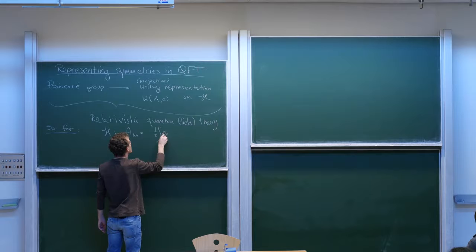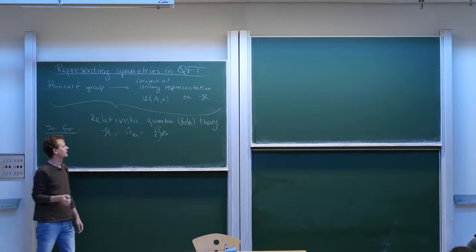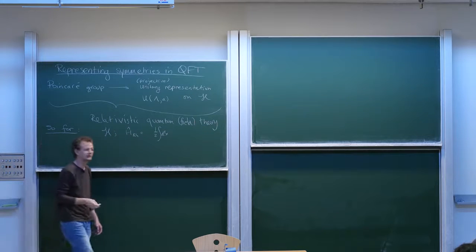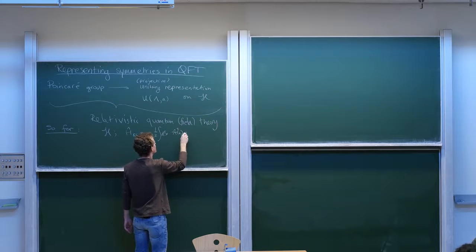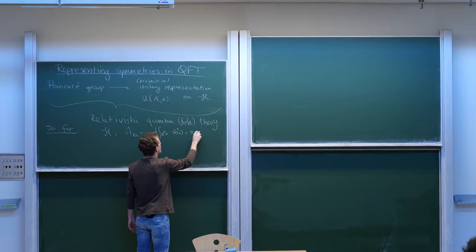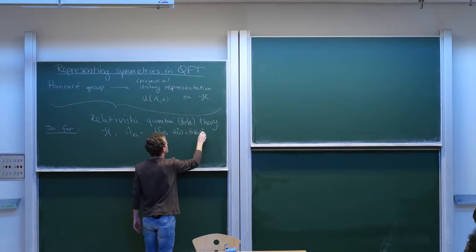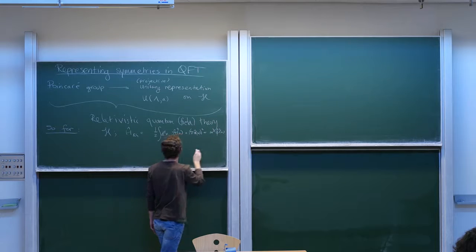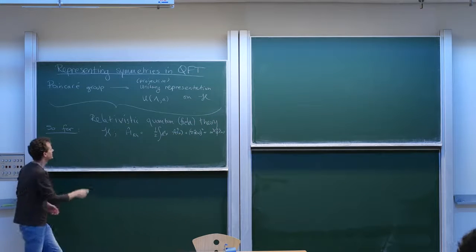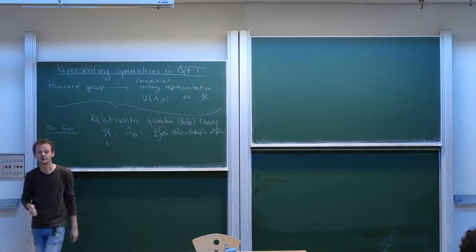This generator of time translations is the Klein-Gordon operator, written so. And the Hilbert space H, we explored in the previous lectures.